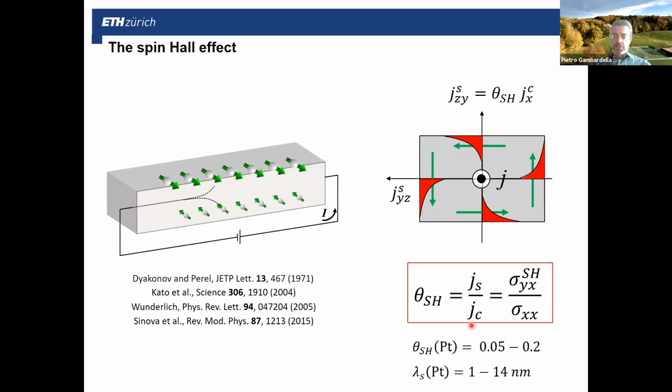And so this is a dimensionless parameter that essentially quantifies how strong the charge to spin conversion effect is. And this number in typical heavy metals, so 5D transition metals, is of the order of 0.1. So about 10% of all the electrons flowing in a current in such a conductor are then transformed into spins, if you want, into net spin accumulation at the interface.